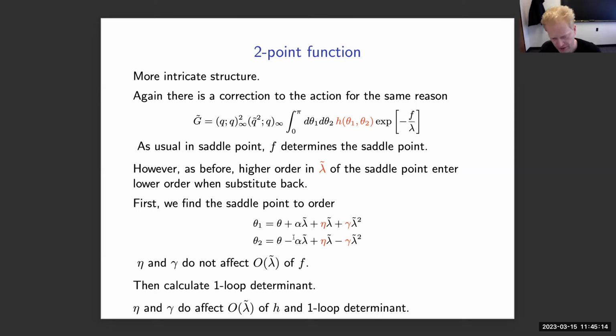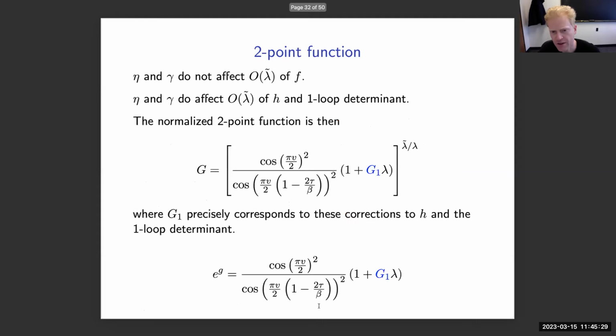That's fine, but the point is that they will not affect the order lambda tilde term in F, which gave us this lambda tilde over lambda term, but they will affect the order lambda tilde in H and in the one loop determinant. Why is it important? Because if you remember, we write this capital G as something to the power lambda tilde over lambda, to get e to the small g, we need to strip off this lambda tilde over lambda power. This is the size of the operator.